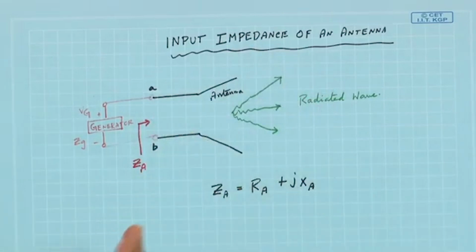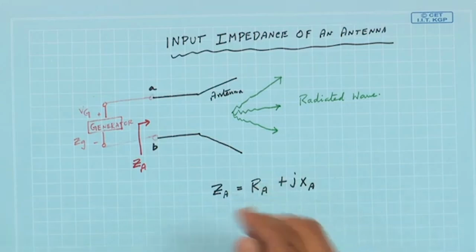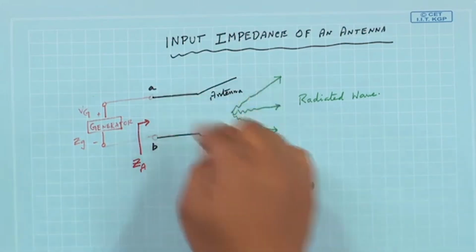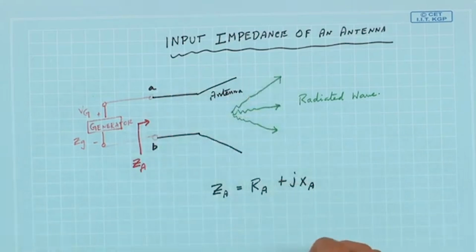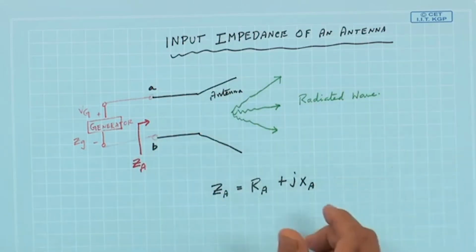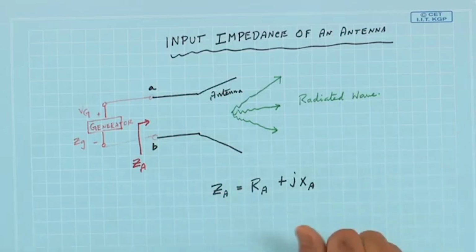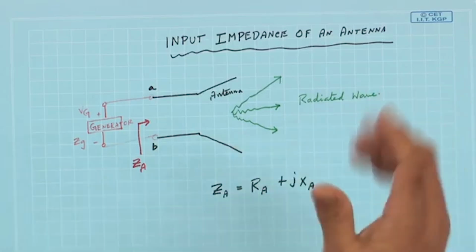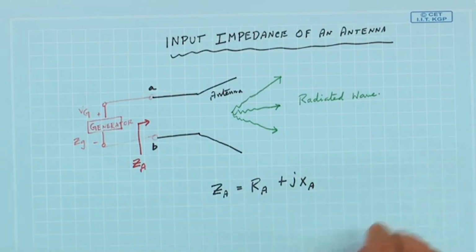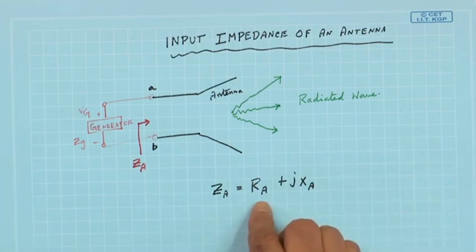So, impedance wise it will be some reactance, and obviously, we have seen that there are losses in the antenna. So, there will be some loss resistance, also a lot of radiation is taking place from a good antenna. Whatever radiated power, we can model as a radiation resistance. So, everything together will give the real part of the impedance.